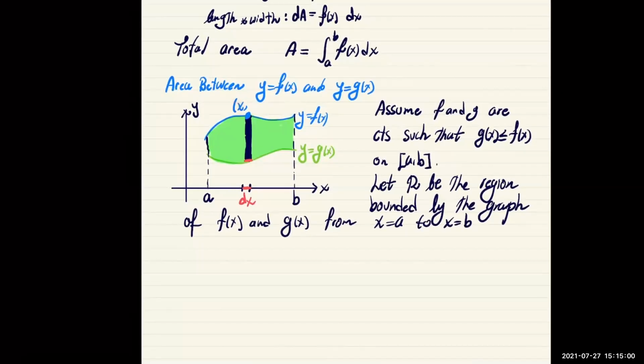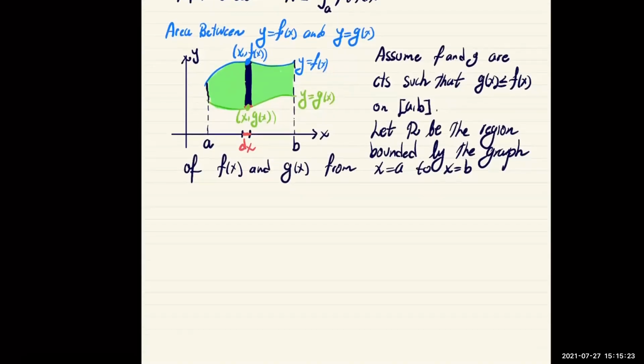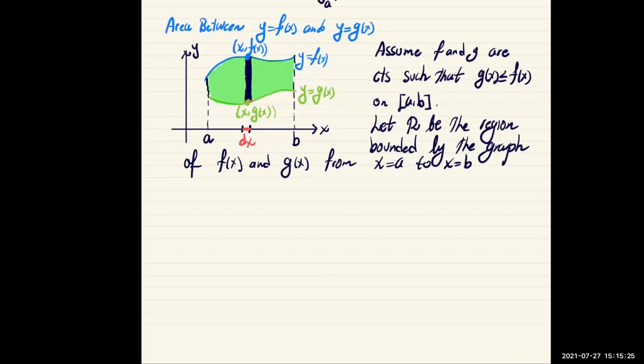I'm not going to use sample points or stars. So take a point x. Since it's on the graph of f, that point is (x, f of x). And this point here is (x, g of x). So let me draw that rectangle right here.